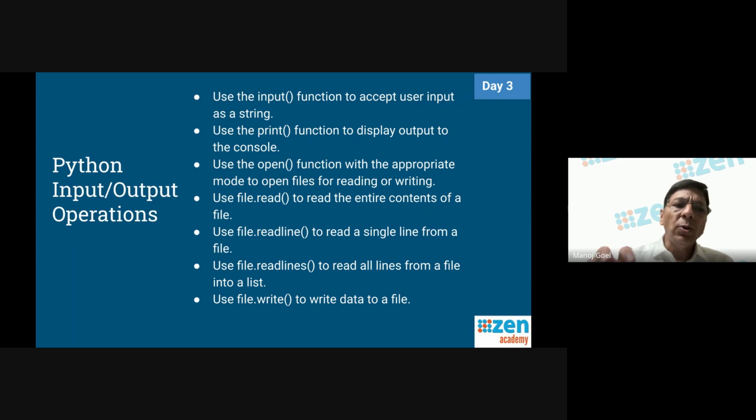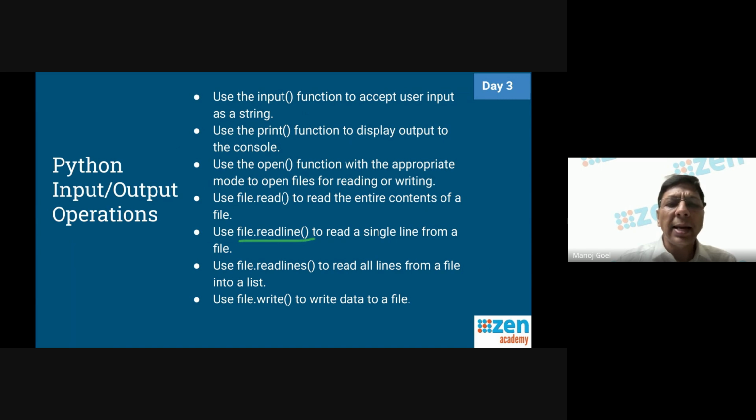One day we will be doing complete file handling: how to read data from the file, how to write into a file. Before you read any file, you have to open it. Once the file is open, you can read. To read the entire contents of the file, you simply do file.read. If you want to do a single line read from the file, you can do file.readline.